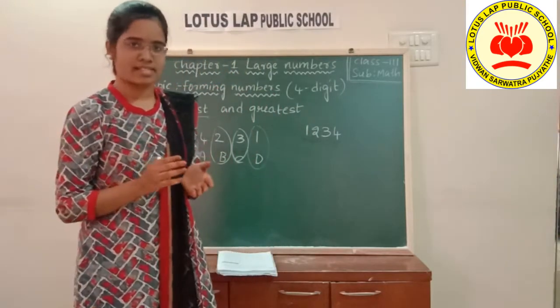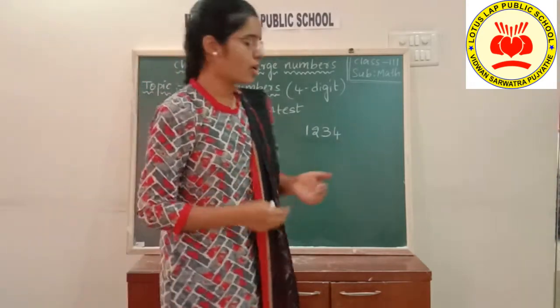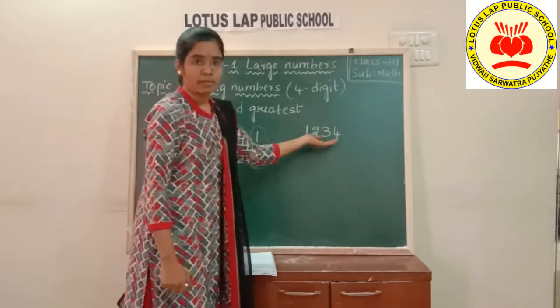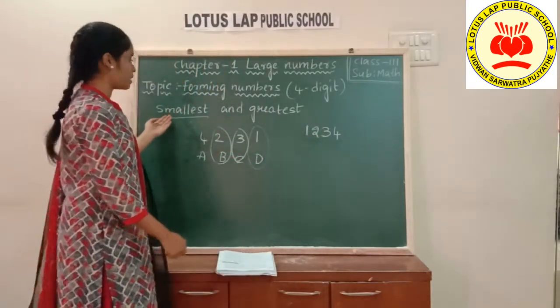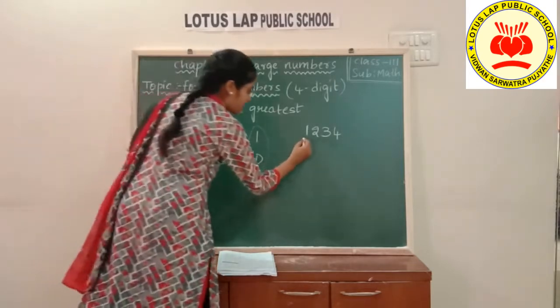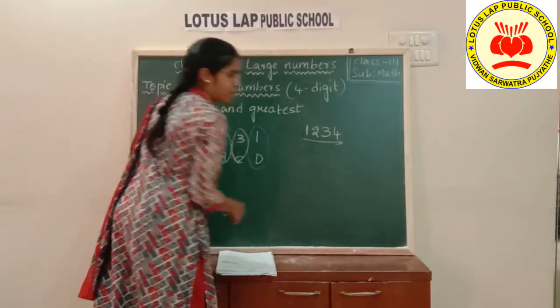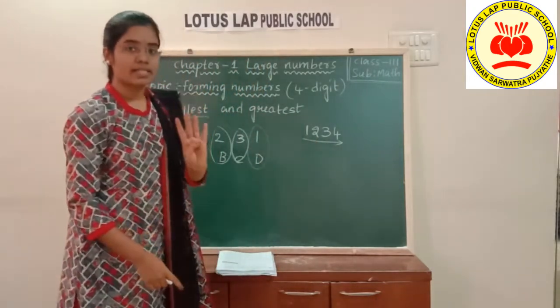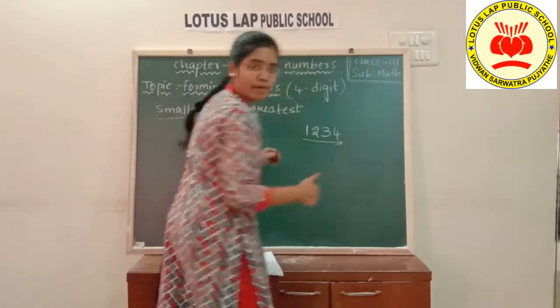As I have arranged the numbers in ascending order, this is going to be my smallest 4-digit number, children. Smallest, as I am arranging from the smallest to biggest. So this is going to be my smallest 4-digit number.